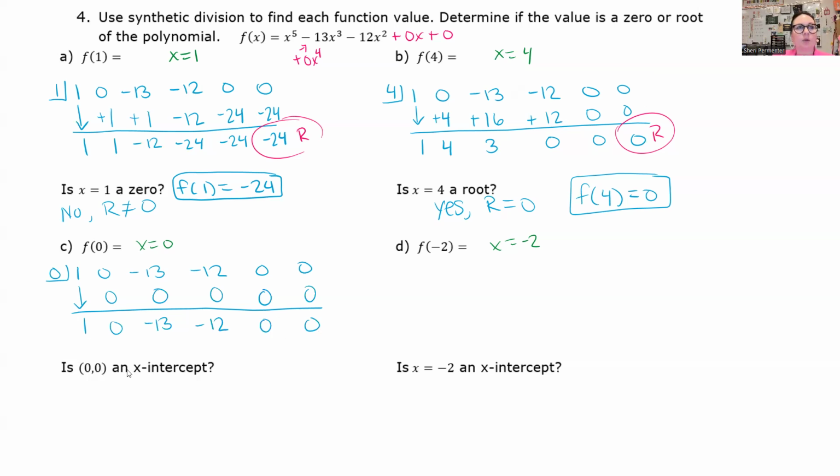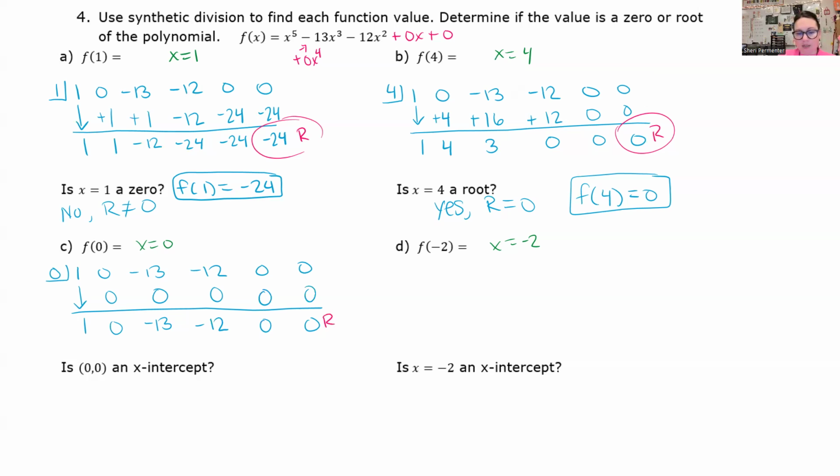So again, we will multiply and then add. What is my remainder?